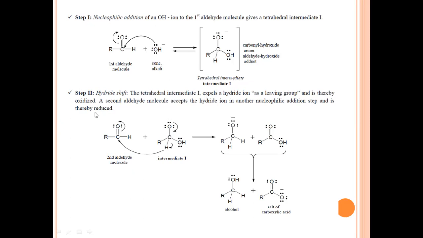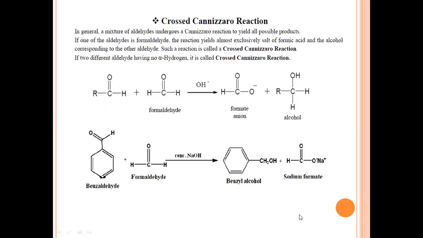So the hydride ion is removed and it is oxidized, and a second aldehyde molecule accepts the hydride ion in another nucleophilic addition step and it is thereby reduced. So this aldehyde molecule is reduced in the presence of proton. So they are going to form the salt of the acid and primary alcohol. This type of reaction is known as the Cannizzaro reaction.